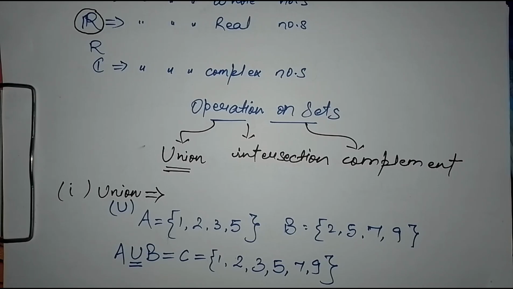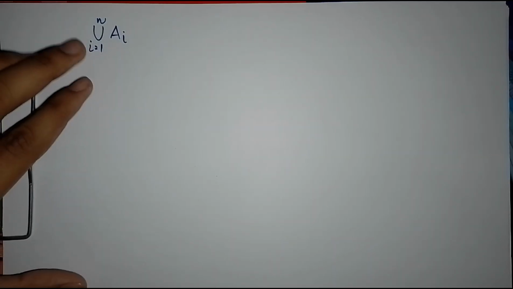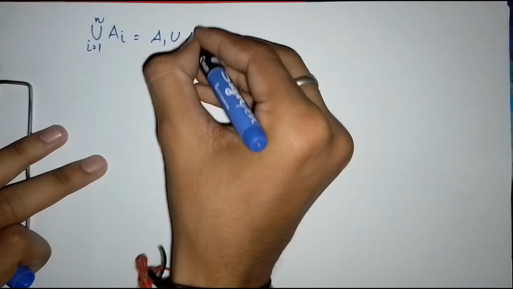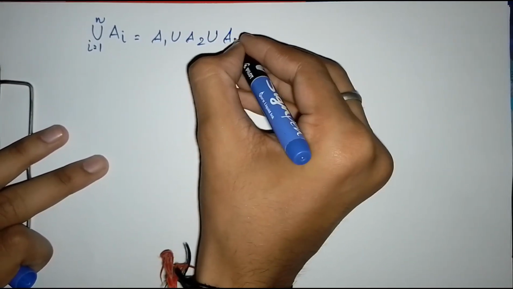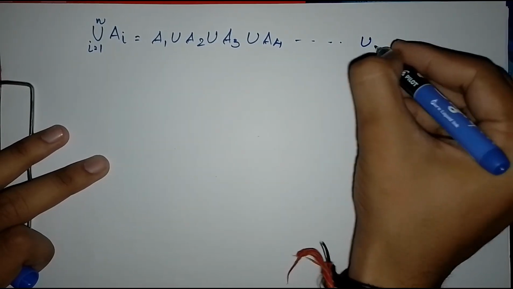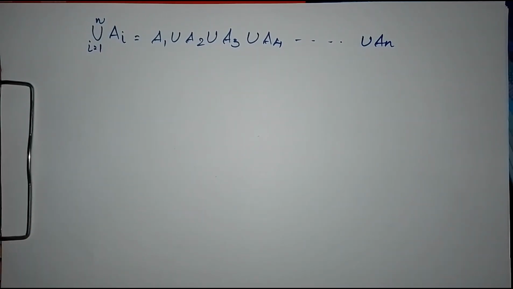Now we will see how to write the union of more than two sets, or n number of sets. If you are asked for the union of Ai in this case, that is A1 union A2 union A3 union A4 till union An, what would the answer be?